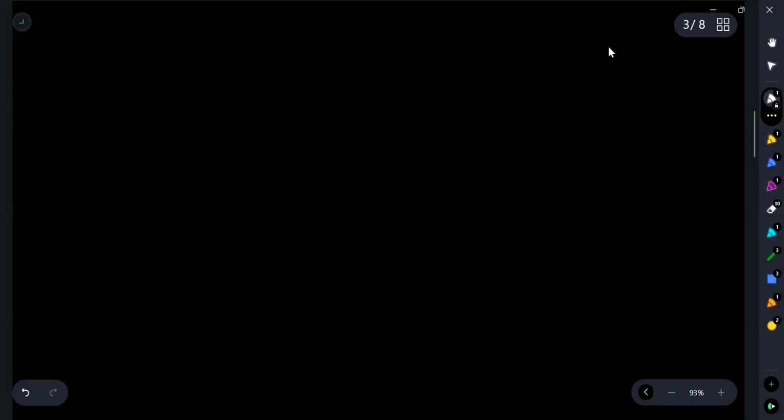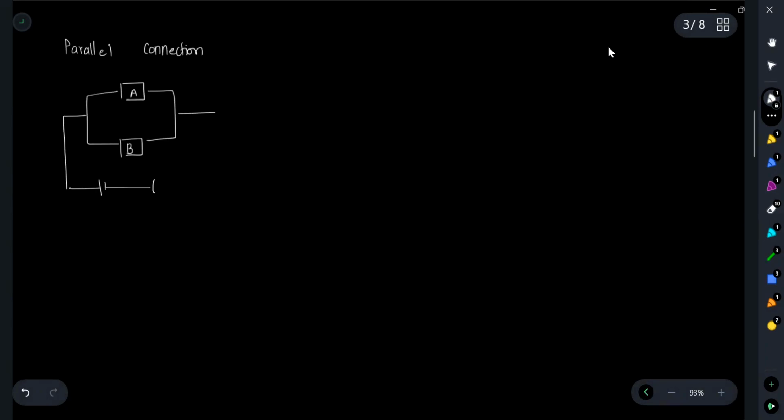Let's discuss a few types of connection. There are only two types of connection. So there is parallel connection. Let's say we have two devices, device A and device B. If they are connected in parallel to each other, for example, let's complete this circuit, put in a cell, put in a key.